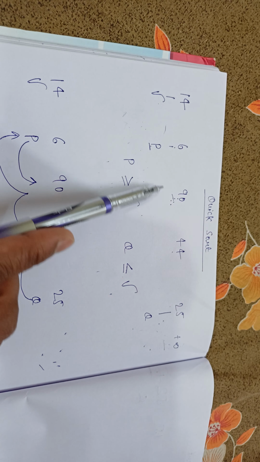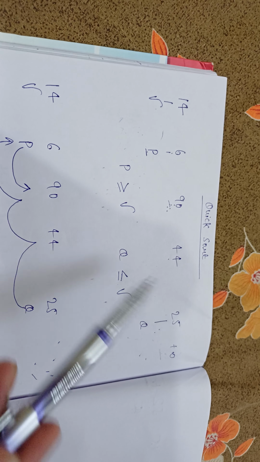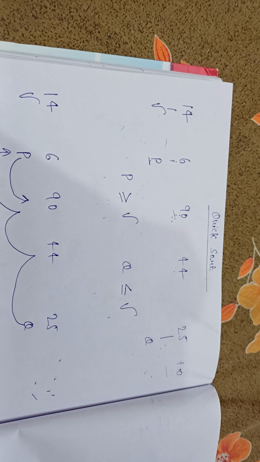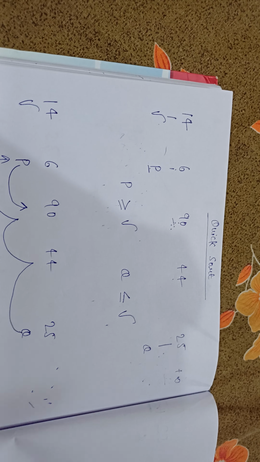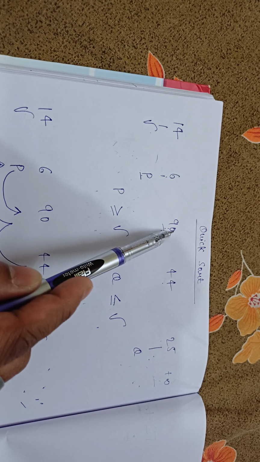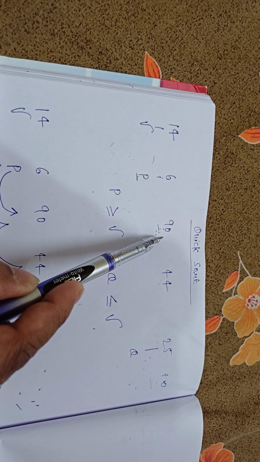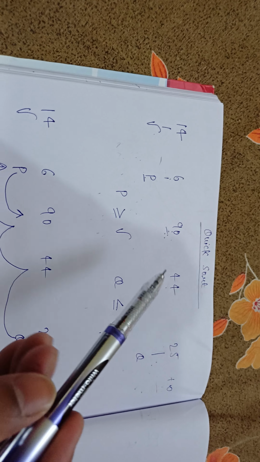Otherwise it will move to its immediate right. So in this case, is 6 greater than or equal to 14? Clearly no, so it will move to your next element. Is 90 greater than or equal to 14? Yes. So this will become your p now.